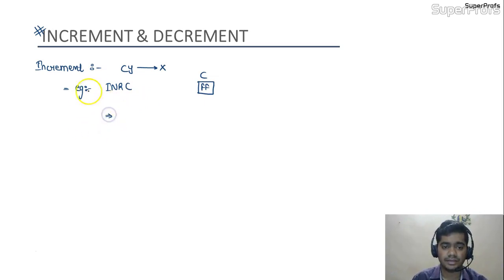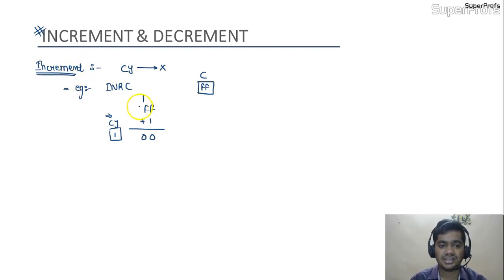So what would be the increment in C? There would be an increment of 1 in the result. So FF plus 1 would give us the result. 1 plus F would be 0 and 1 would be the carry, and here also 0, with 1 as the carry. So you can see that a carry is generated, but this is the increment process. The instruction is increment.